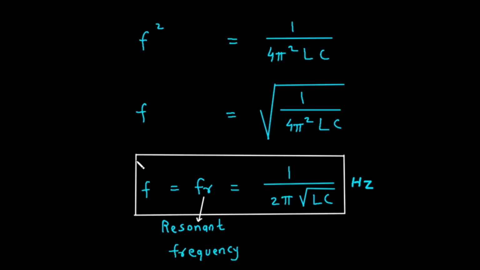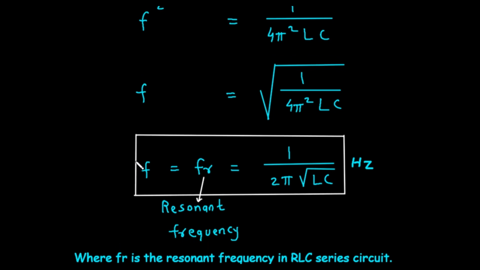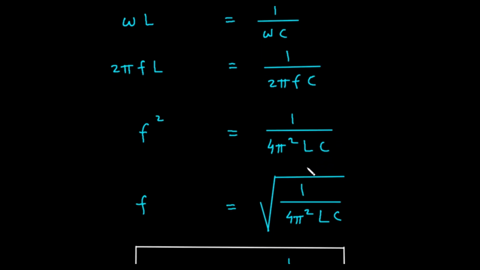Since we know that omega equals 2 pi f, we can substitute that in: 2 pi f L equals 1 over 2 pi f C. Let's solve this for the frequency, f. We multiply both sides by f, which gives us f squared on the left. We divide both sides by 2 pi L. This gives us f squared equals 1 over 4 pi squared LC.